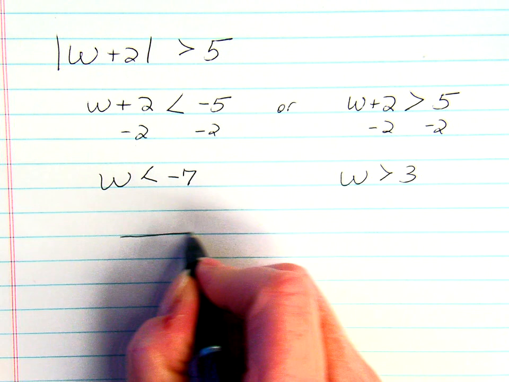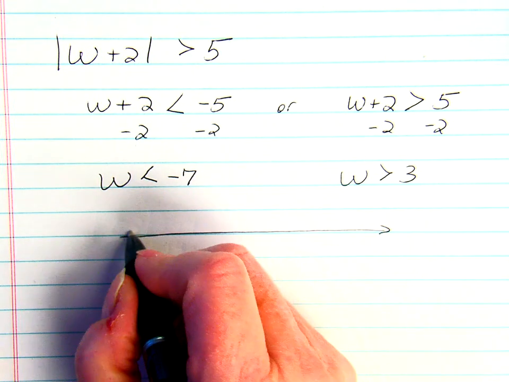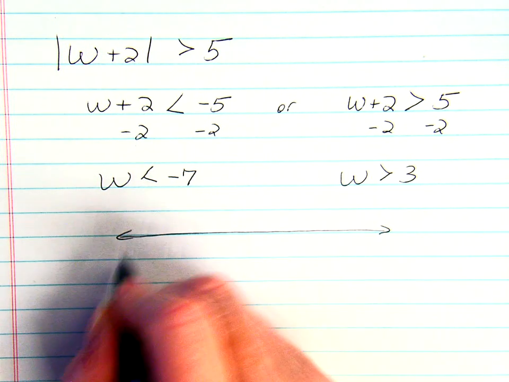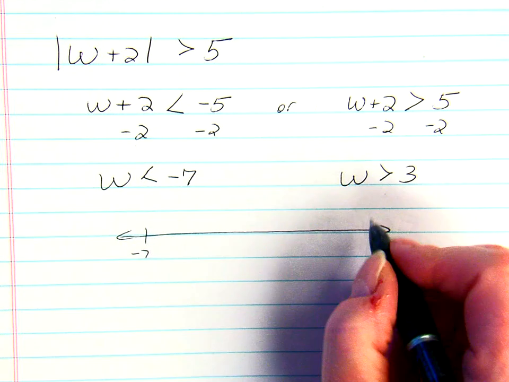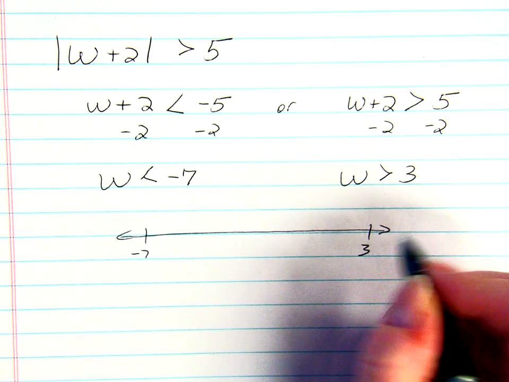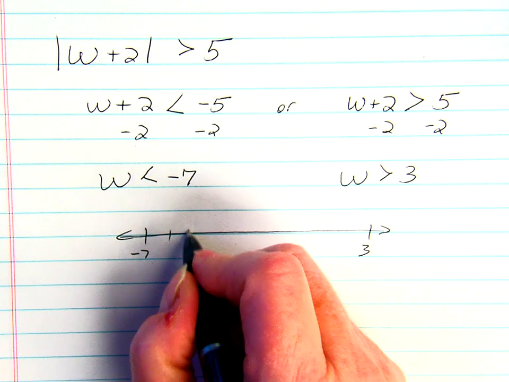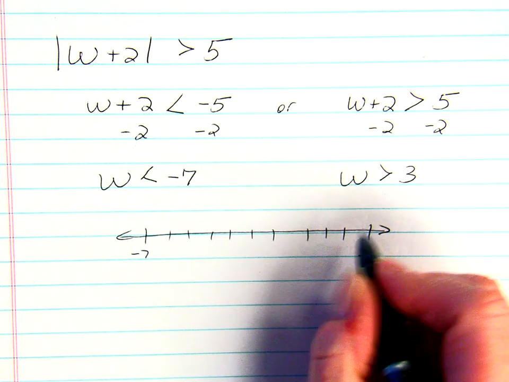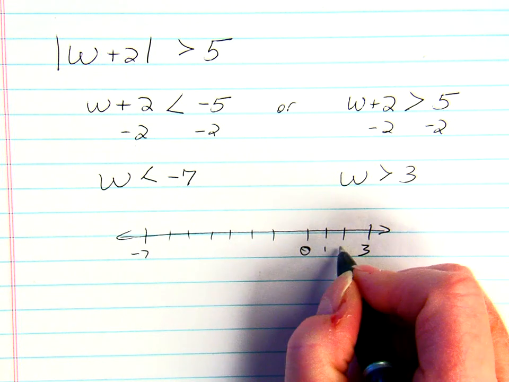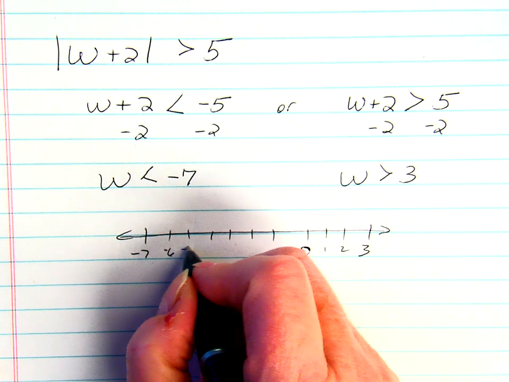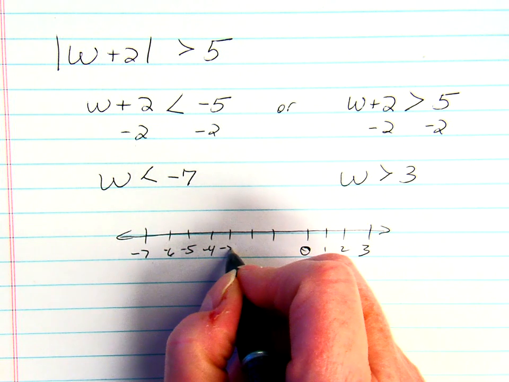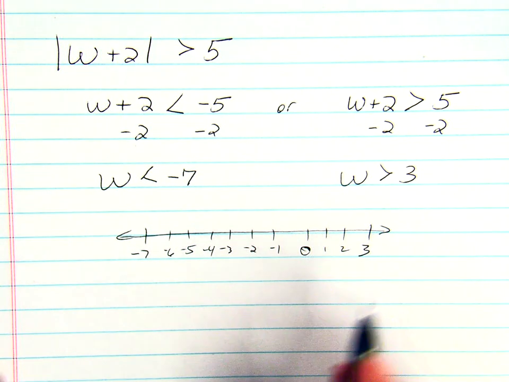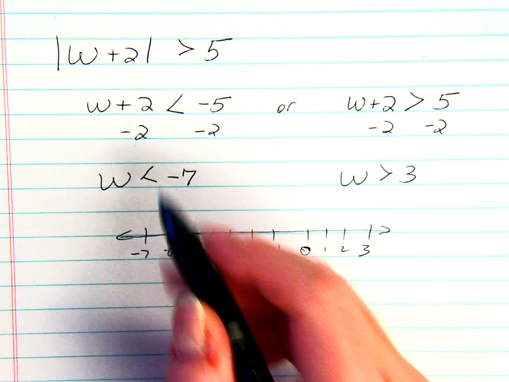And, of course, we've just finished graphing a lot of these. We've got -7, and we've got to get a 3 up here. Numbers -6, -5, -4, -3, -2, -1, 0, 1, 2, 3.